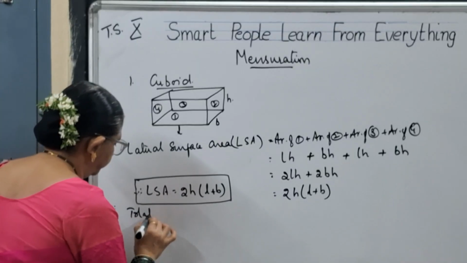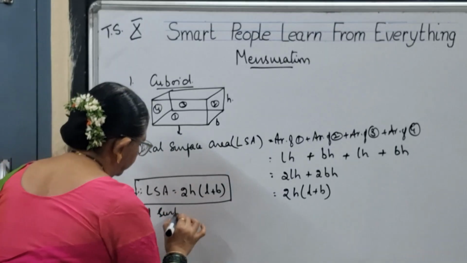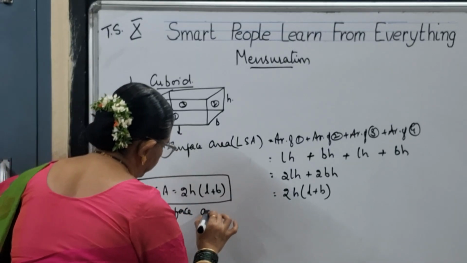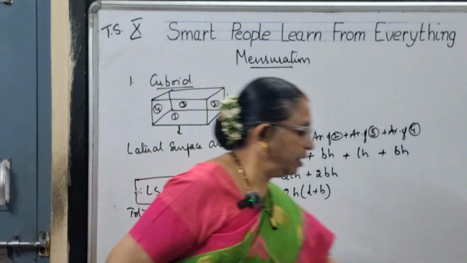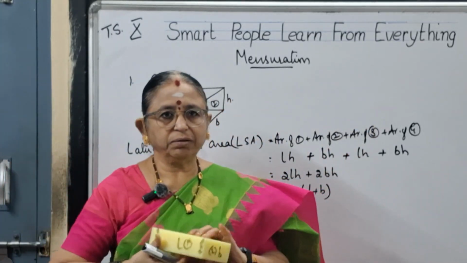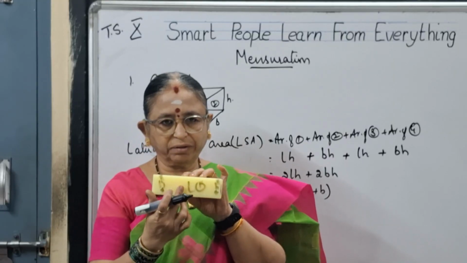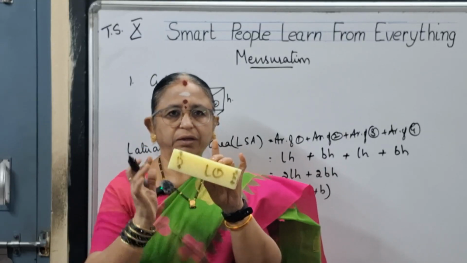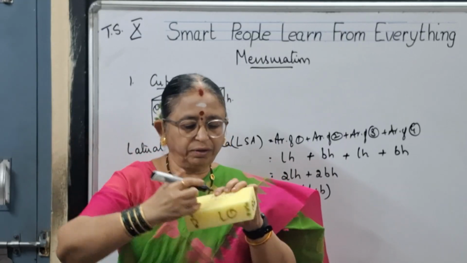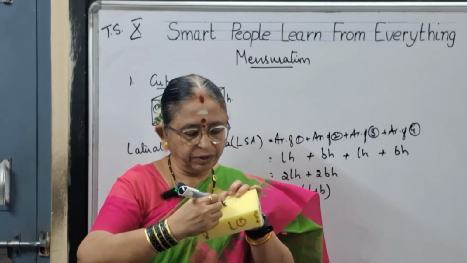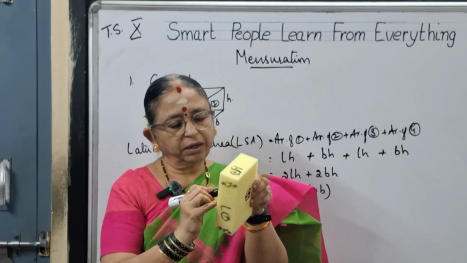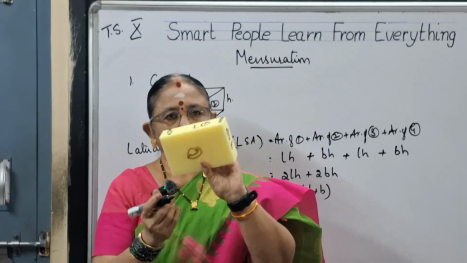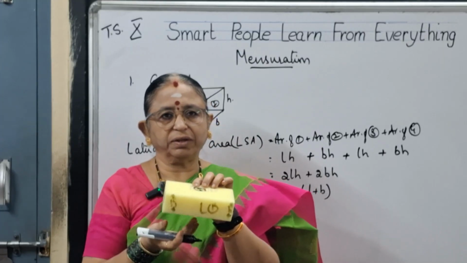Now total surface area. So when you are talking about total surface area, what you are going to take? This is first, second, third, fourth, fifth. This becomes fifth one. Fifth and the down one becomes sixth one. So 5, 6.